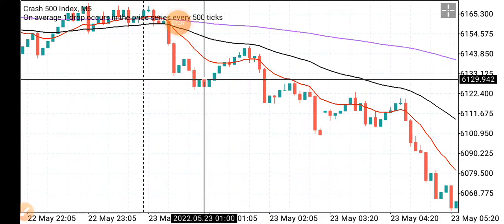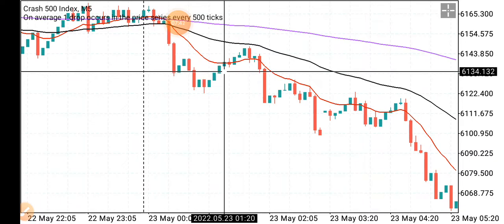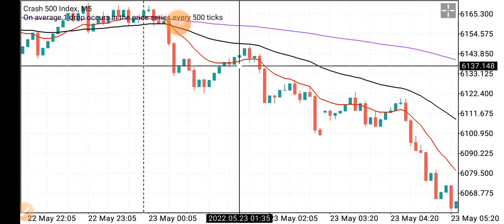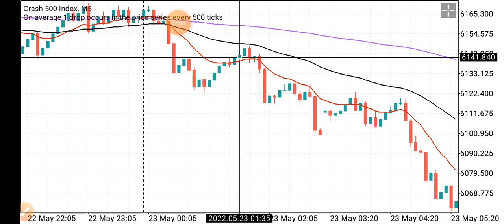We only look for strong momentum candlesticks like these ones, the 1, 2, 3. These candlesticks are strong momentum because there's no wick. So we only look for three candlesticks with no wicks. After three candlesticks with no wicks, we exit the trade and take the stop loss.